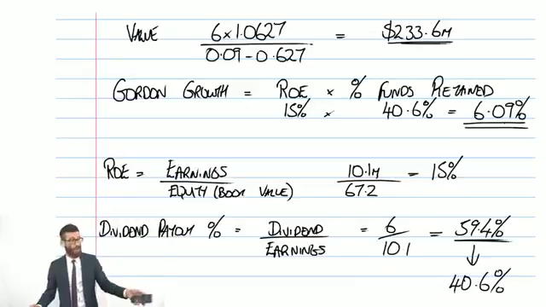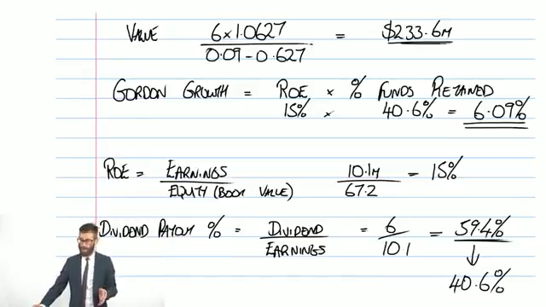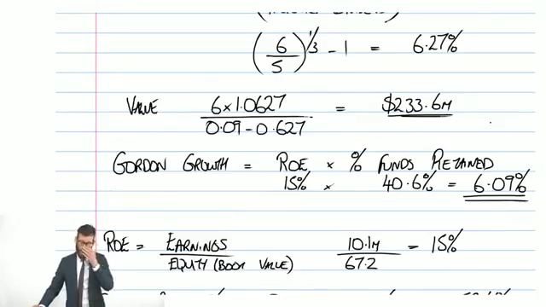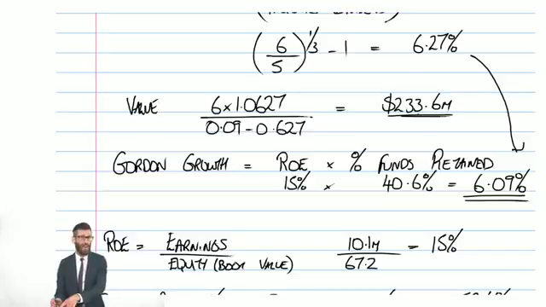Now, you could argue, and this is where rounding could cause problems, that it's almost the same number, but just that slight difference, that 0.18, will have an impact on this value, as I shall show you.